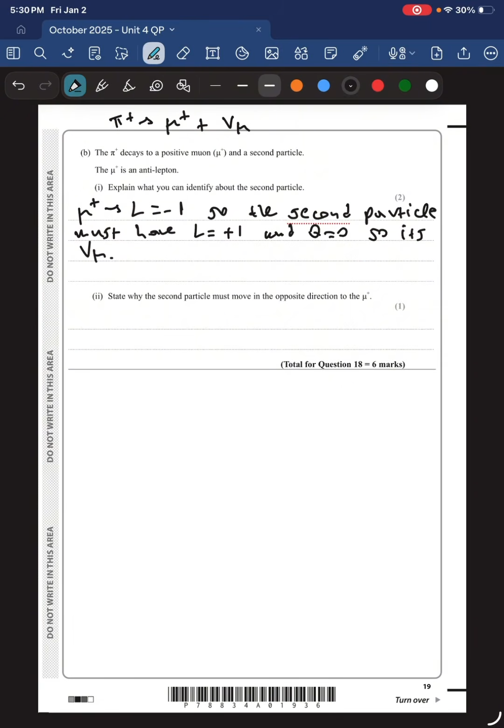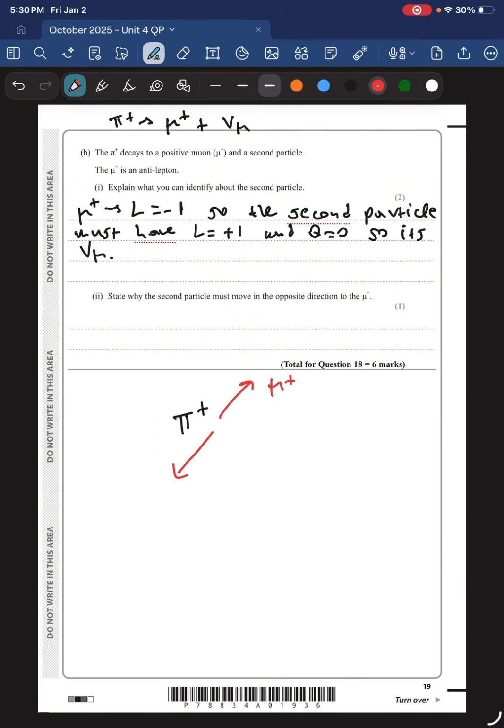State why the second particle must move in the opposite direction to mu plus. If we have a stationary pi plus decaying, it doesn't have to be stationary, but let's assume it is, then a mu plus will fly off in one direction. We need to conserve momentum, because if it's stationary, it has 0 momentum before.